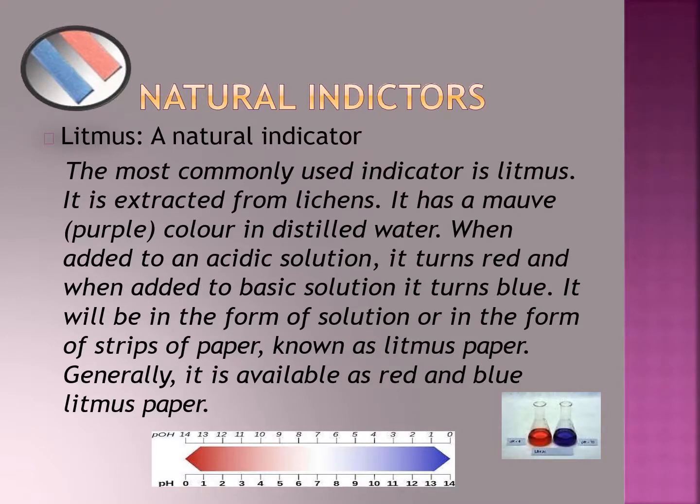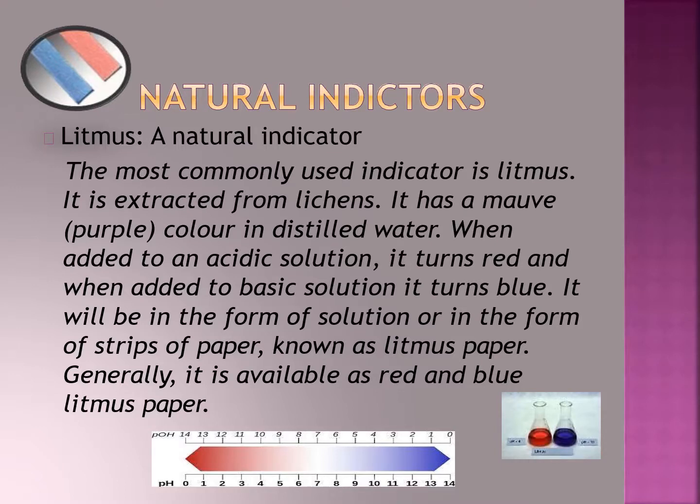Acidic solutions have pH below 7. See, children, 0, 1, 2, 3, 4, 5, 6. It indicates red color. That means the substances which fall under these categories are highly acidic. If it falls under 0, that means it is highly acidic.